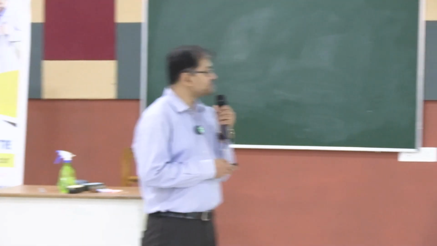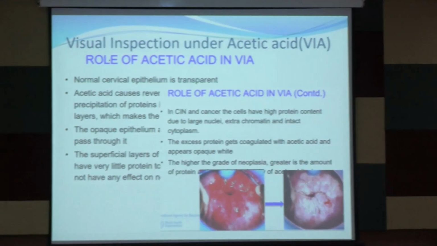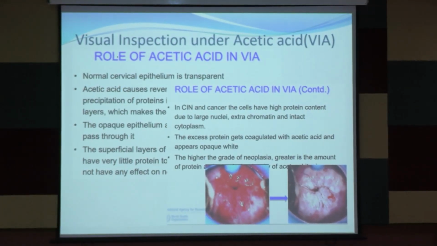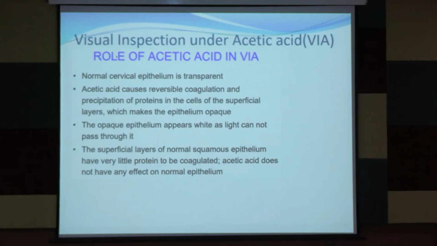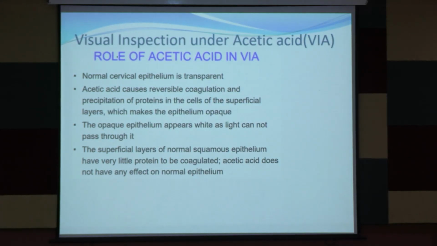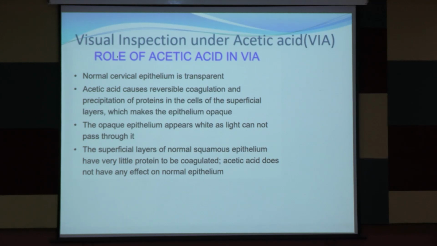Then we come to visual inspection under acetic acid. So what is the principle behind that? See, in normal cells, the nucleus is smaller in size and the protein content within them is also less, which is why on giving acetic acid, there is very little protein to coagulate.